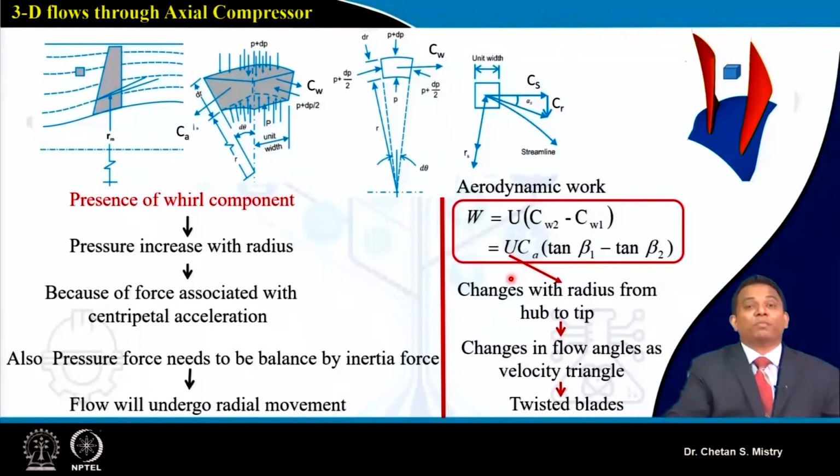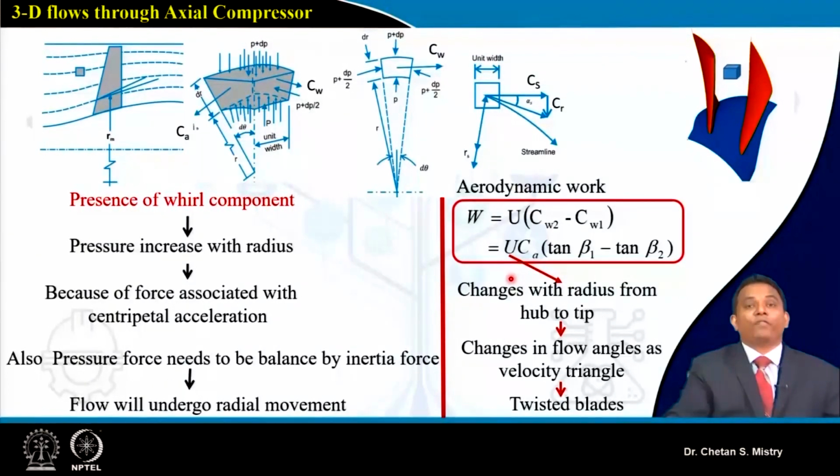This is because of the kind of flow track we have. This is because of what happens in terms of the dynamics on the fluid particle within the blade passage, and also because of the three-dimensionality of my blade, which is a highly three-dimensional blade. So with this, we are making our initial understanding of three-dimensional flow through an axial flow compressor.